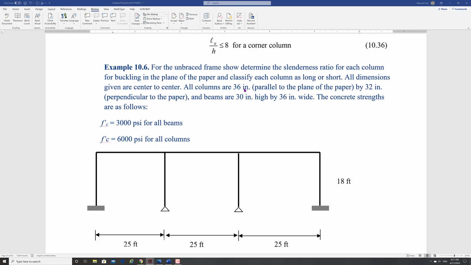They have a 36-inch value parallel to the plane of the paper and 32 perpendicular to the paper. So the dimension of the column going in this direction is 36. And then coming out of the screen is 32. Your beams are 30 inches high and 36 wide.